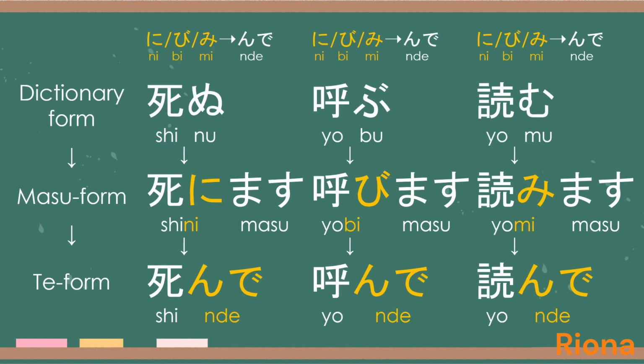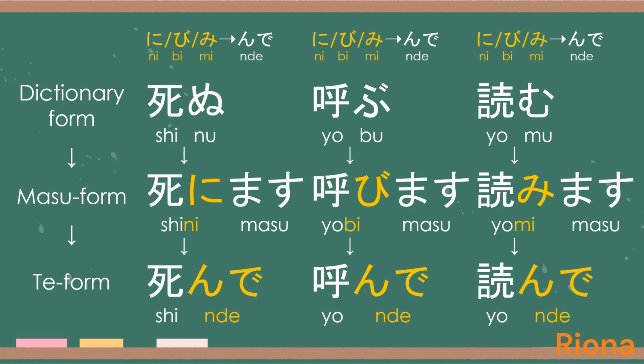In the case of 死にます, which is the mas form of die, 死ぬ, the character before mas is に. So, by changing this に to んで and removing mas, we can make it て form.